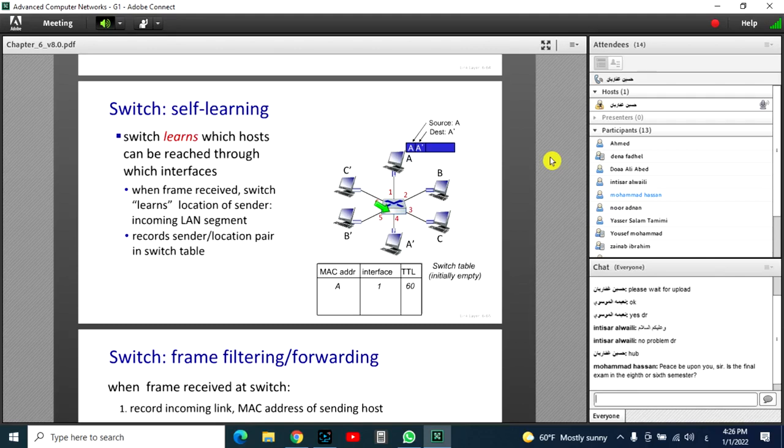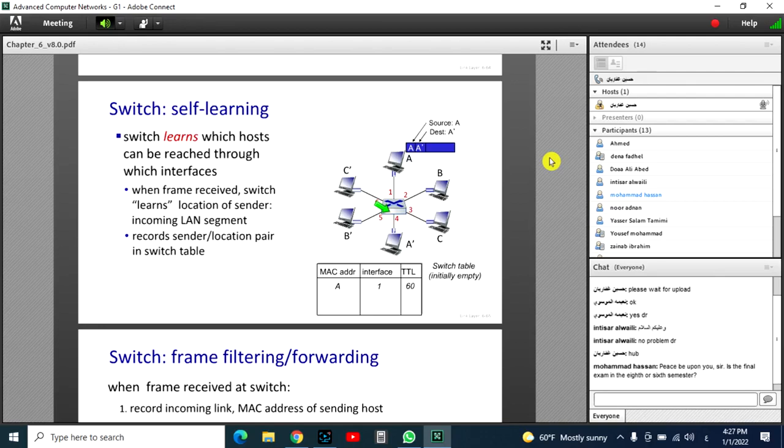We said that when a computer joins a new network, this computer will look for its IP address in that network using a DHCP server. So simply, that newly arrived host will send the DHCP packet.